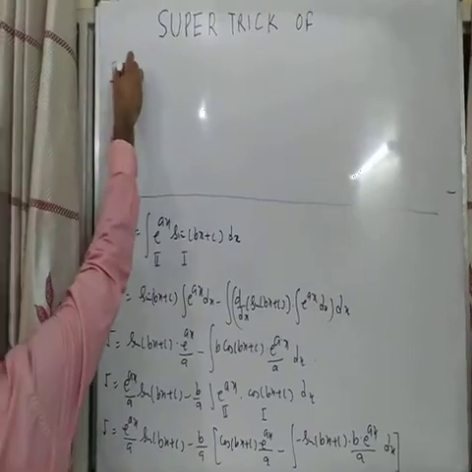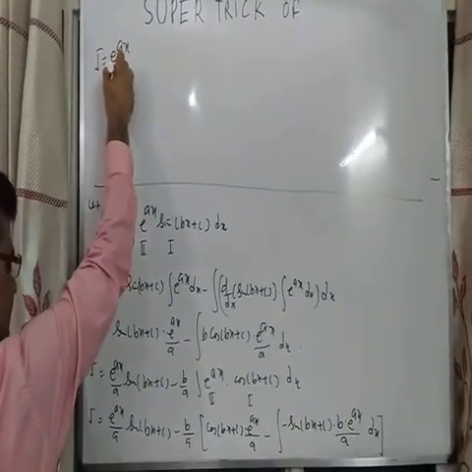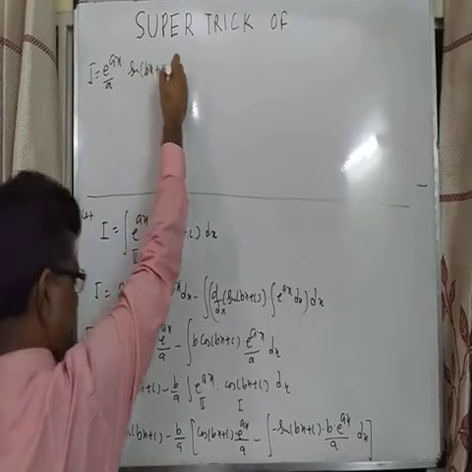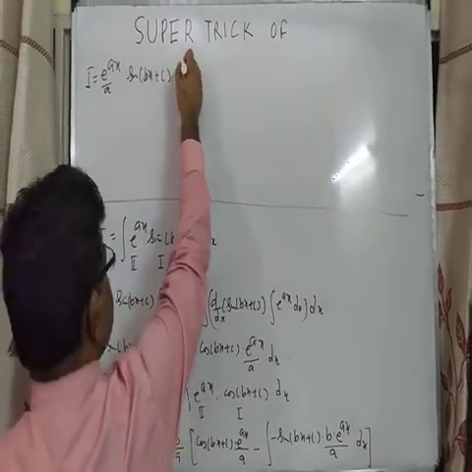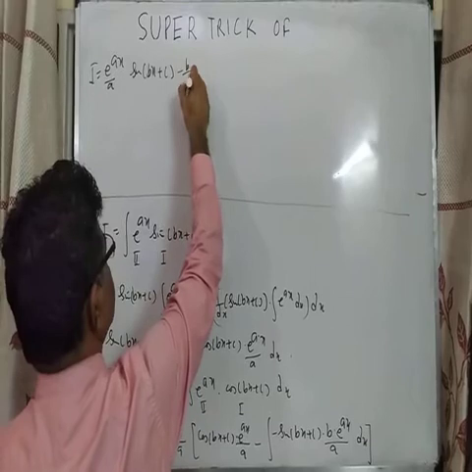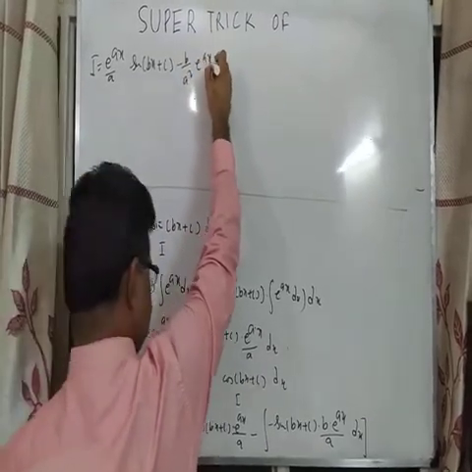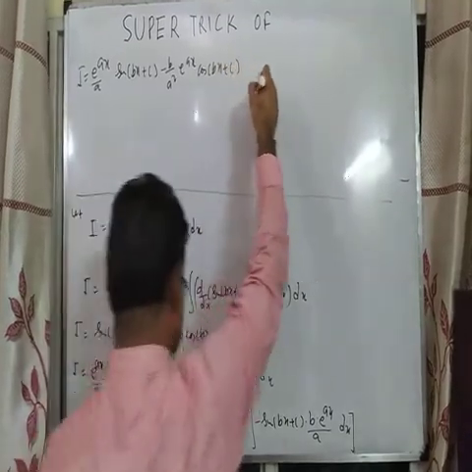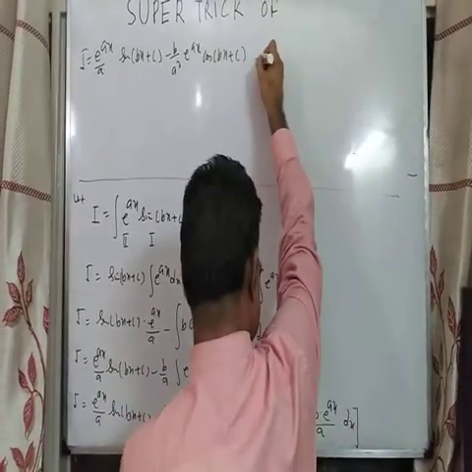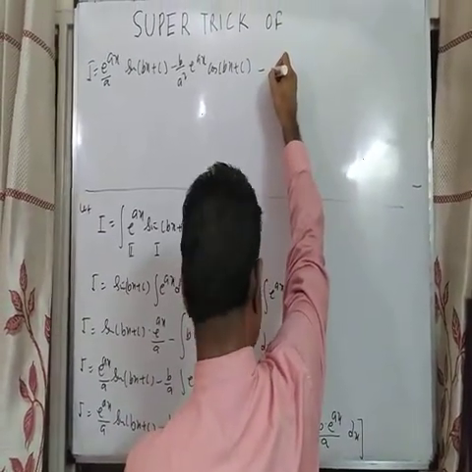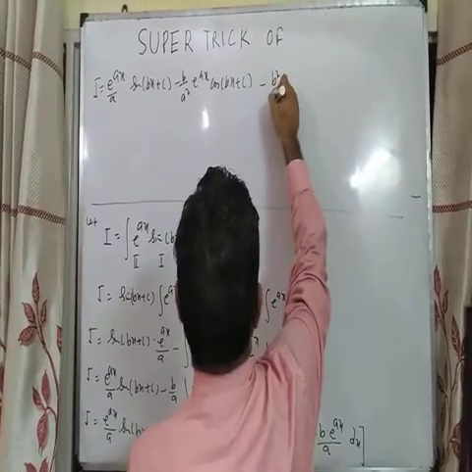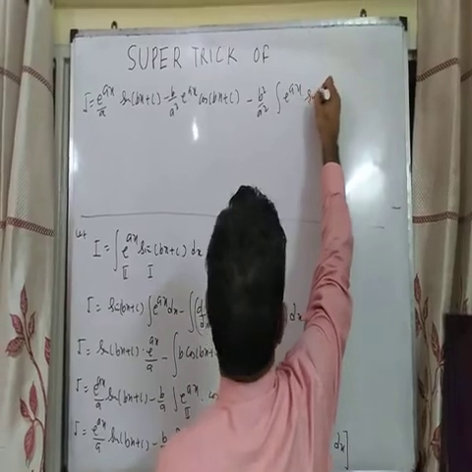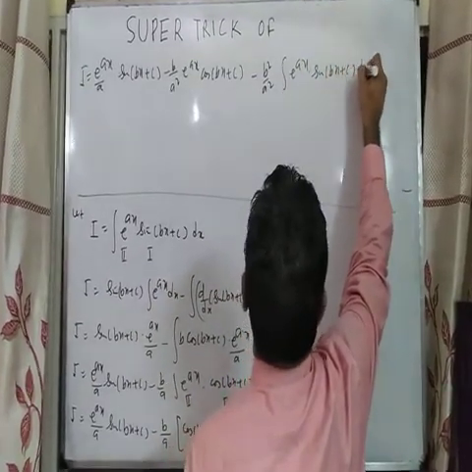So I is equal to e to the power ax upon a sin(bx plus c), minus b upon a square e to the power ax cos(bx plus c), and minus b square upon a square, the integral of e to the power ax into sin(bx plus c) dx.